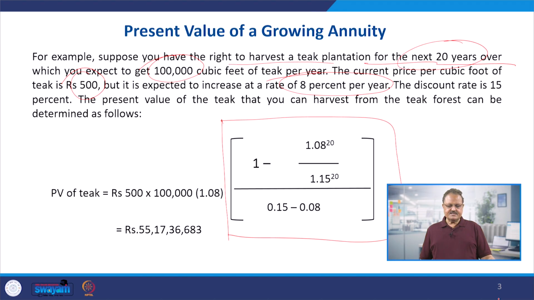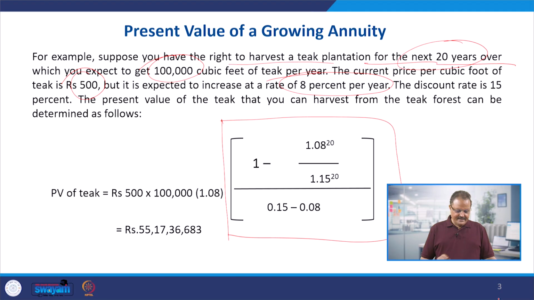We are going to get a certain sum of money at the end of every year for 20 years, with a total harvest of 1 lakh cubic feet and a rate of 500 rupees per cubic feet of teak wood. So that's the case of an annuity, not of a growing annuity.